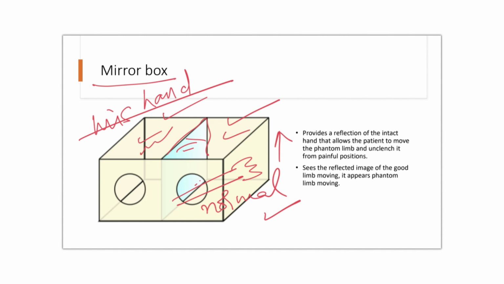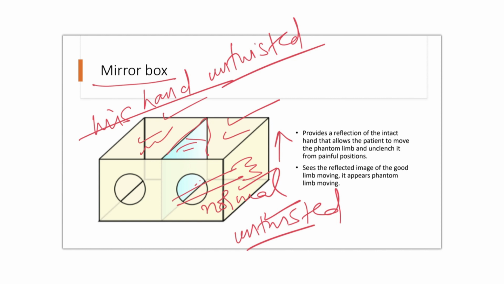So whatever one wants to do to the phantom hand, one will do to the normal hand. And the patient gets the visual experience that his second hand, the phantom hand, also is doing the same thing. So normal hand untwisted, so phantom hand untwisted, and so brain maps changed.